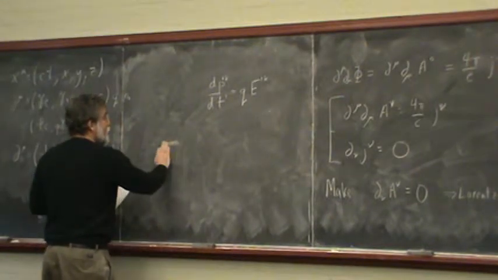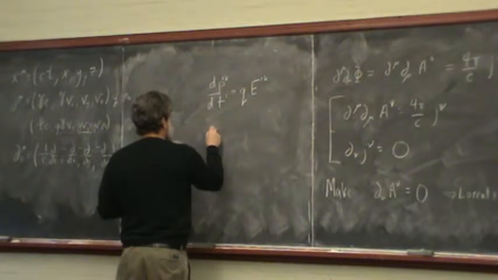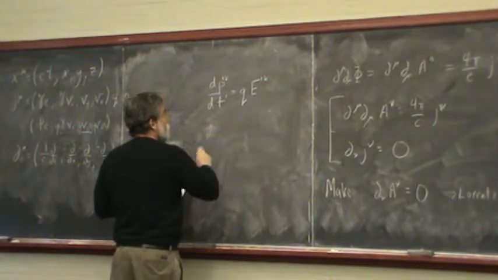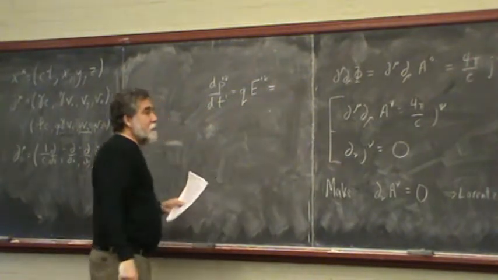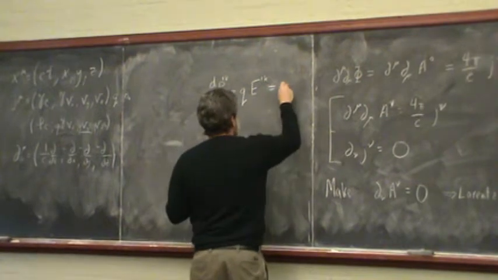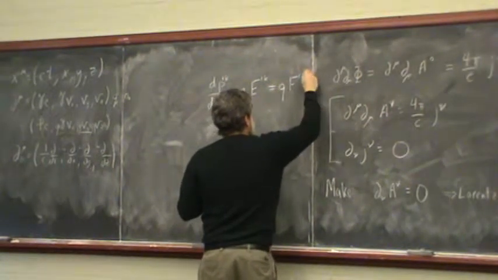In 4-vector notation, this looks like this. I'll write that in the field tensor notation first: q F'^{k0}.